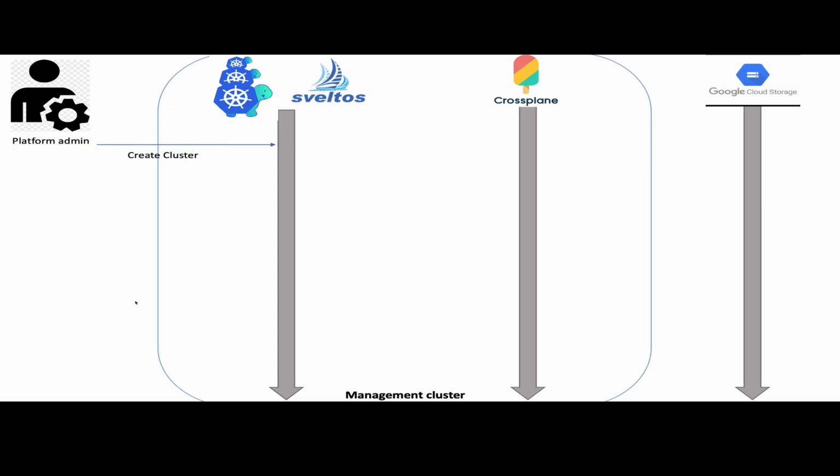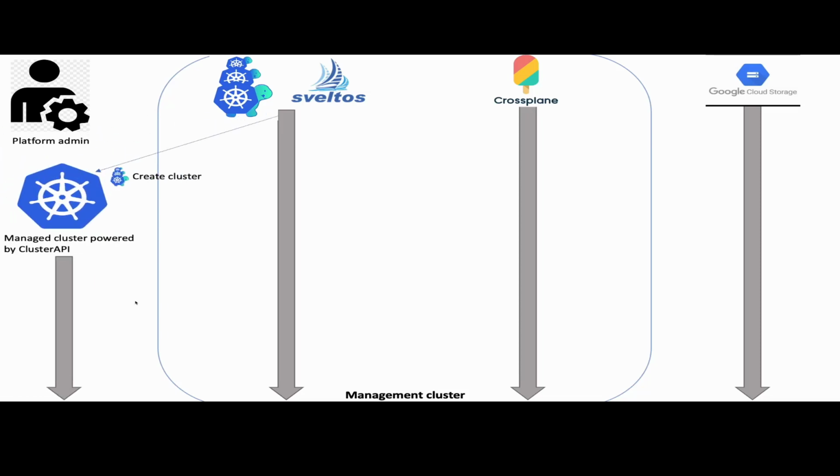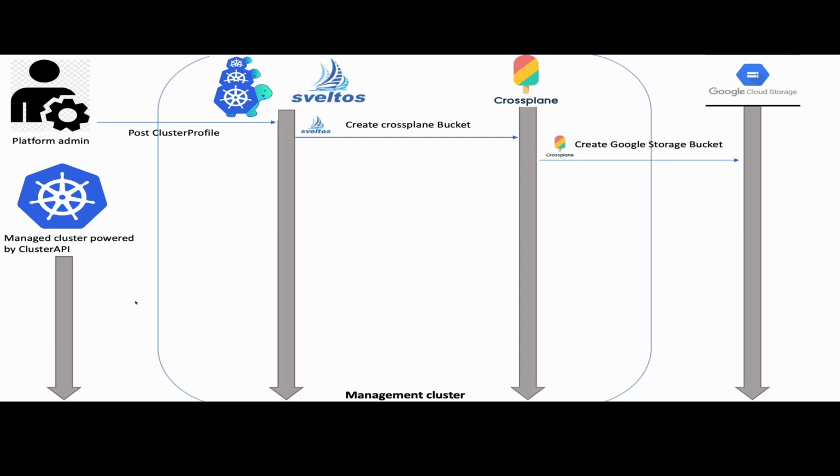We're using Cluster API to programmatically create a cluster. Once the cluster is created, we are posting a cluster profile, and this cluster profile is asking Sveltos to first deploy a Crossplane bucket in the management cluster. Because we are deploying the Crossplane bucket in the management cluster, we are triggering Crossplane, and Crossplane will go and create a Google storage bucket.